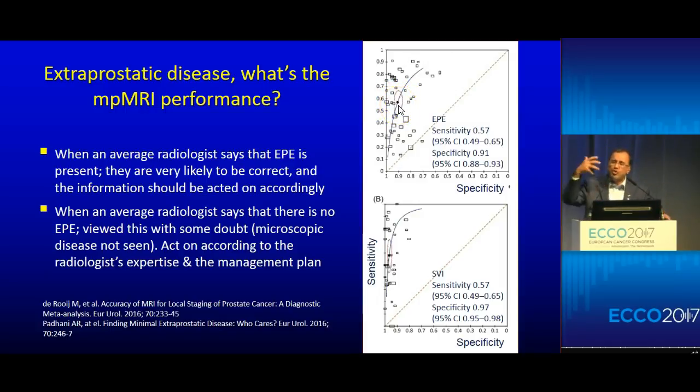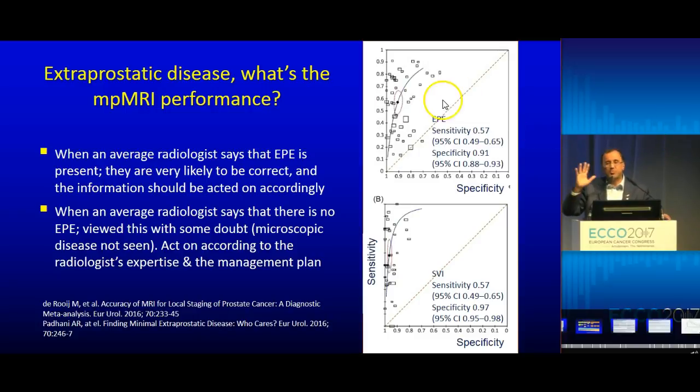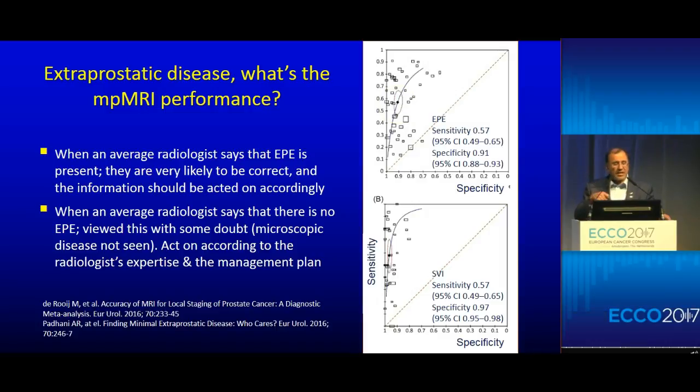That means if your radiologist is a bog standard radiologist, not a specialist, and he says, I think there's extraprostatic disease, then the chances are that he's right. He's not very good, but if he thinks there is, you should believe him because of his high specificity. On the other hand, if he says, I think it's okay, and he's a regular radiologist, don't believe him.